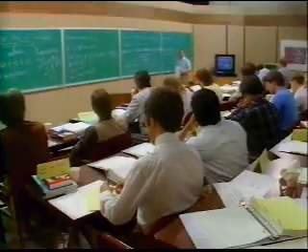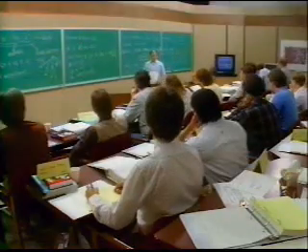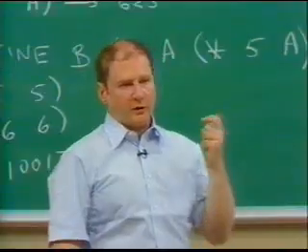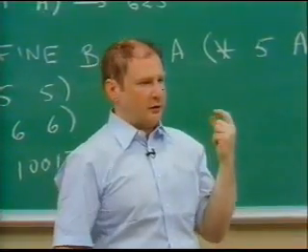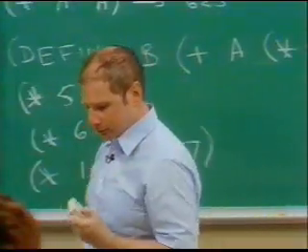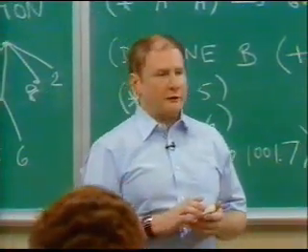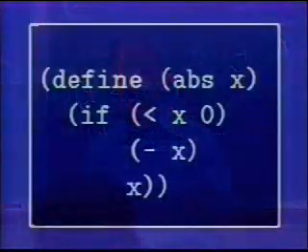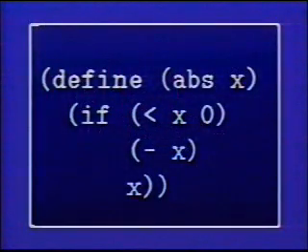Okay, there's a somewhat different way of writing a restricted case analysis. Often you have a case analysis where you only have one case, where you test something, and then depending on whether it's true or false, you do something. And here's another definition of absolute value, which looks almost the same, which says if x is less than 0, the result is negate x. Otherwise, the answer is x.